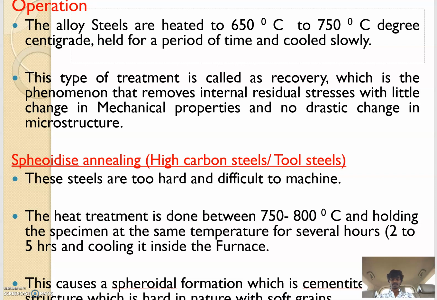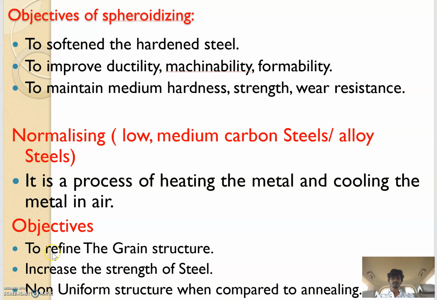This causes a spheroidal formation, which is a cementite structure which is hard in nature with soft grains. Objectives of spheroidizing are to soften the hardened steel, to improve ductility, machinability, and formability, and to maintain medium hardness, strength, wear resistance.